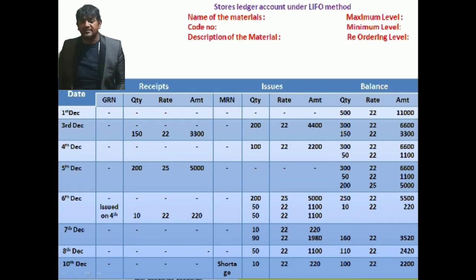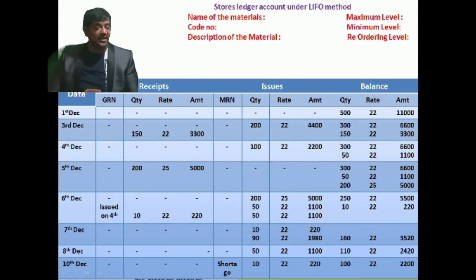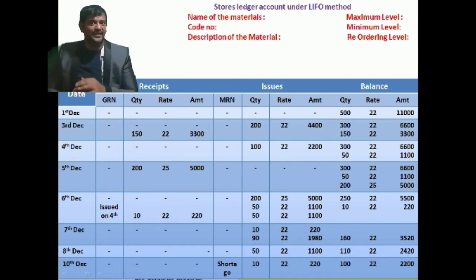So out of 160 units I have issued 50 units. So the left out is 110 units at rupees 22 each. So amount comes to 2420 rupees. So balance amount comes to 2420. So that is on 8th December 2019.